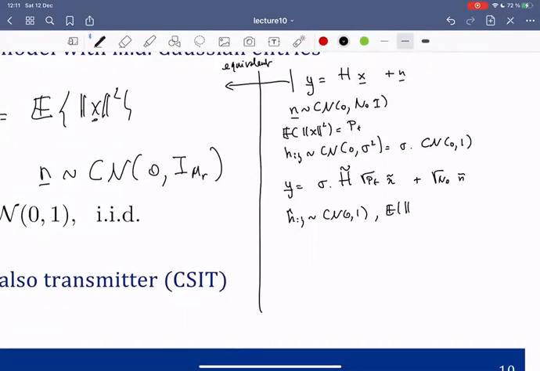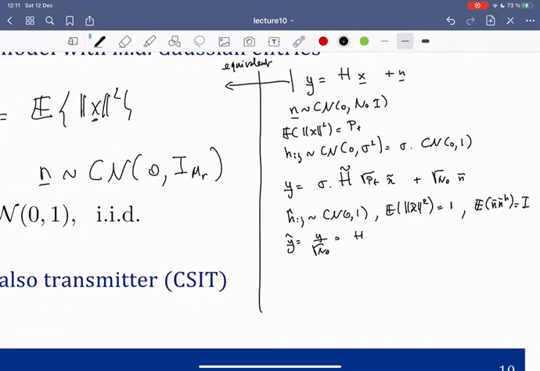has this property that the power is 1, and the noise has identity as covariance matrix. Now I can finally create a new observation y tilde, which is y over square root of N_0.